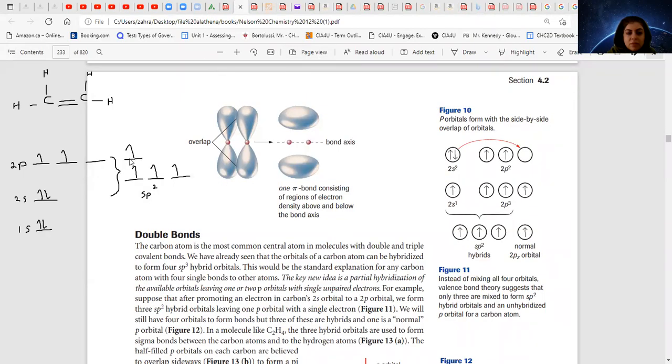Since the sp2 ones are single bonds, the single bond is going to be sigma. So this is sigma, this is sigma, that is sigma, but the double bond we call a pi bond.